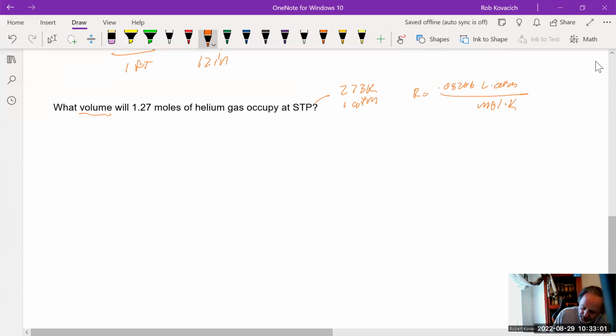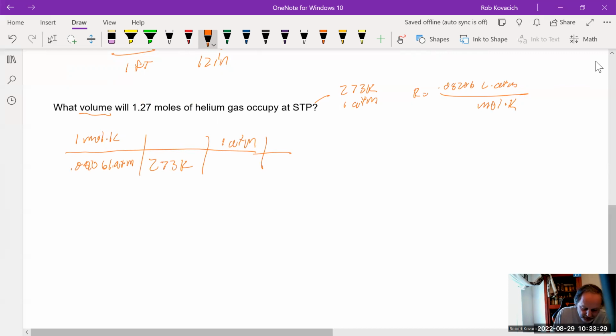And so same thing, I'm gonna write it upside down, 1 mole, 0.08206 liter atmospheres. And then I'll go ahead and write 273 K here. I'll go ahead and write 1 ATM here.